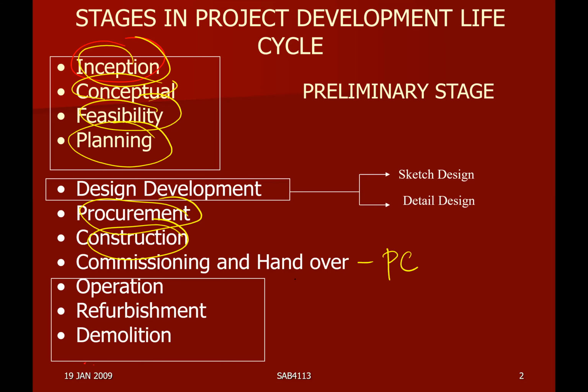When you demolish, then basically the land is empty. Then it goes to the stage of inception again. You might want to rebuild another building, or you want to do a different kind of development on that particular piece of land. So that's why we call it a cycle. Cycle meaning to say this thing will go around and around.